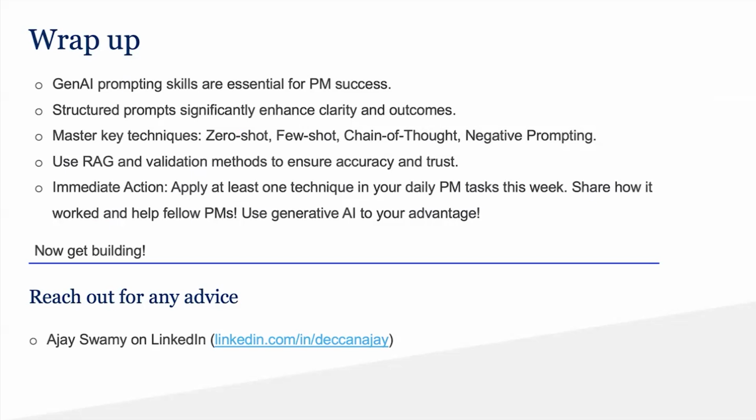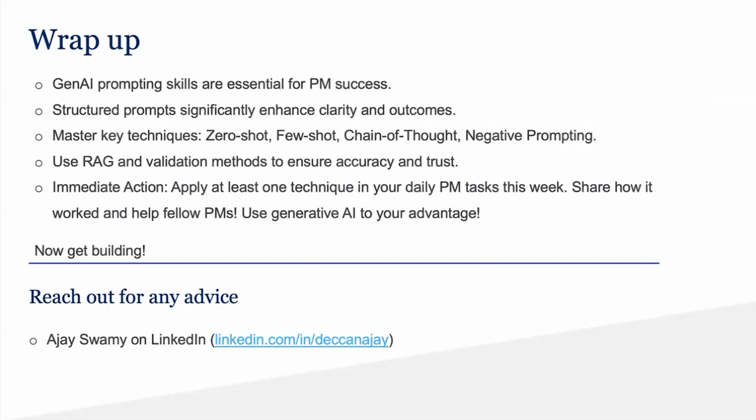So for example, I started off with zero-shot by saying, hey, help me build a generative AI feature set for my Shopify store. And then I walked the LLM through few-shot, chain of thought, and negative prompting, and got to a final, very catered, very crisp PRD, right? On top of that, you can use the RAG and the LLM validation methods to ensure accuracy and trust.